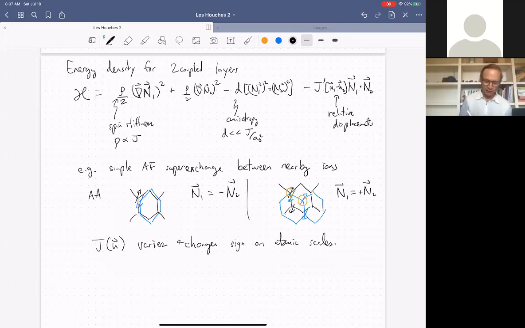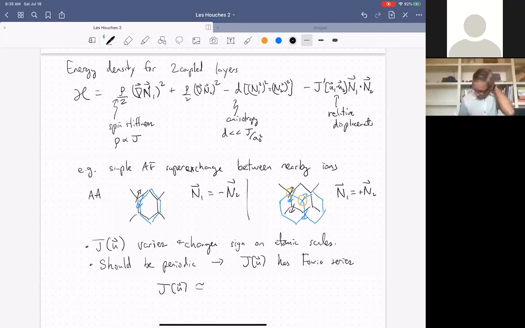We know it should be periodic, because if we translate the whole system by one lattice spacing, we haven't changed anything. So it means we can expand J of U in a Fourier series. So a good approximation should be gotten by just keeping the first few components.